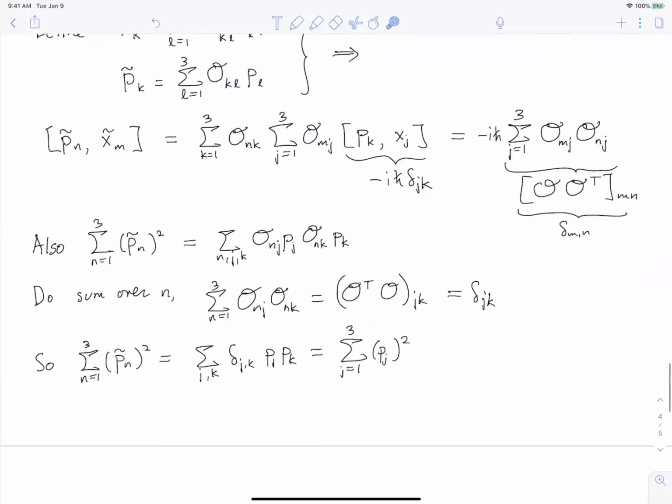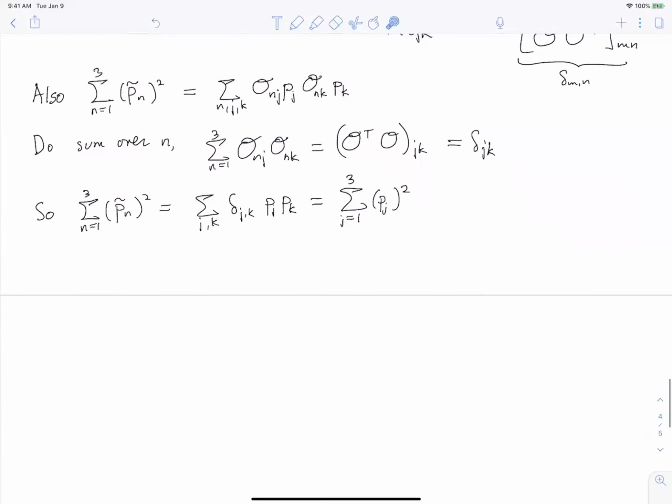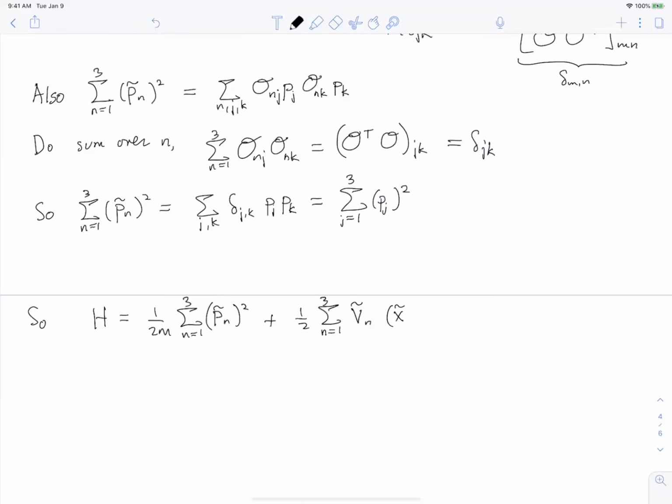And so what we've learned here is that our total Hamiltonian is just 1 over 2m times a sum from n equals 1 to 3 of p tilde n squared plus 1/2 a sum from n equals 1 to 3 of v tilde n's times x tilde n squared.